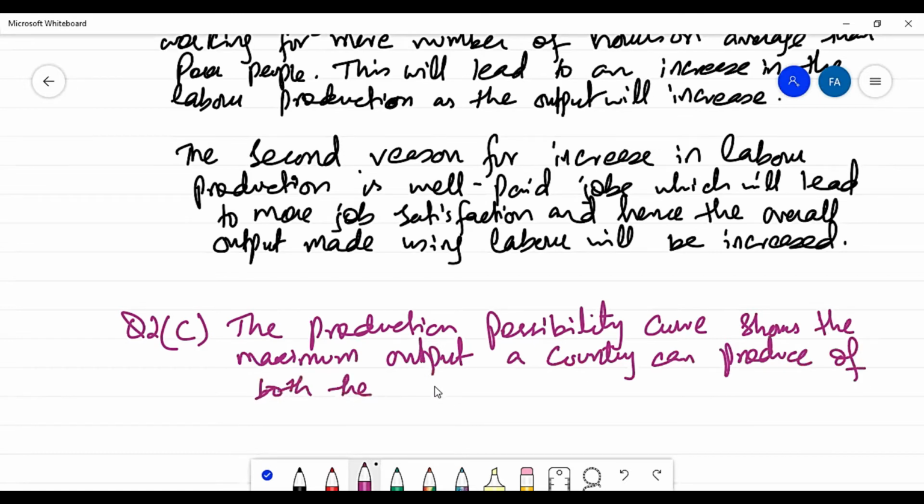Let's write it down. And you know what those goods are? They're goods and services, right?